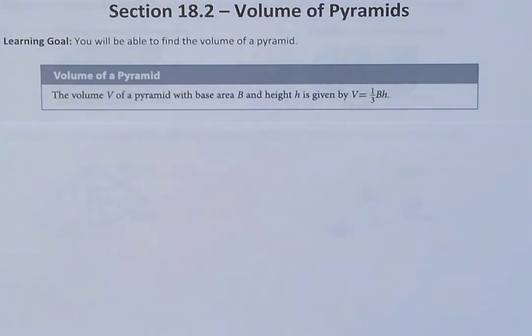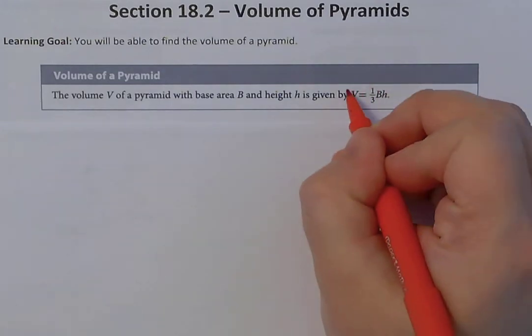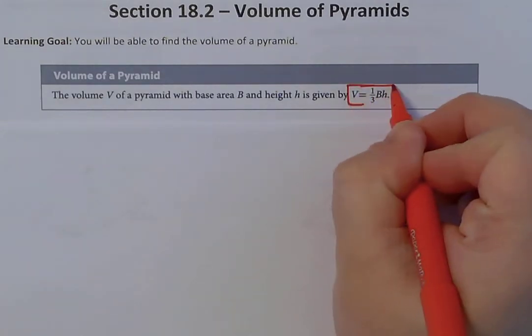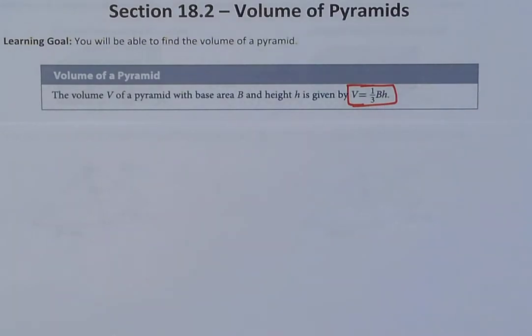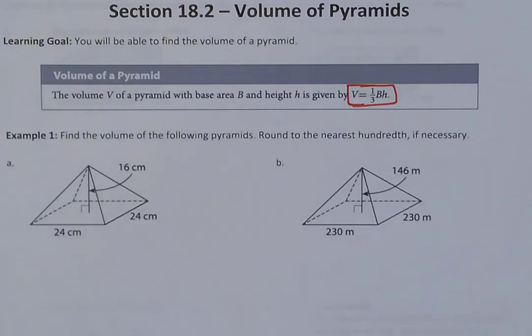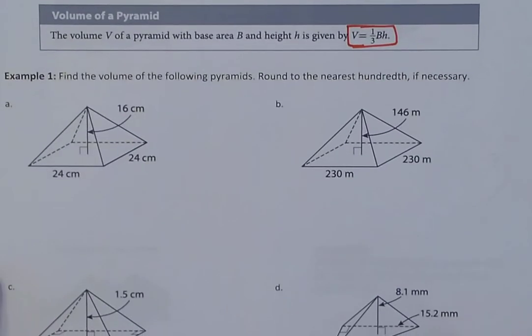So it's similar to the volume of a prism, except we're adding in 1/3. All right, so V equals 1/3 B times h. That is our lifeline for today's notes, and that is what we're going to use to help us answer questions for example 1.